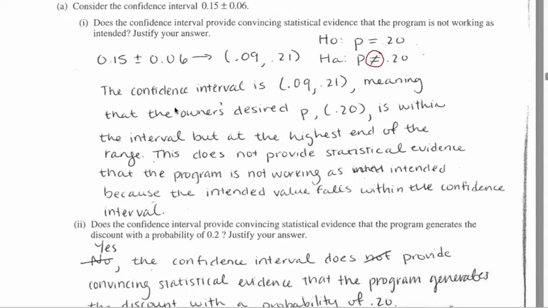So if we keep reading, they say the confidence interval is 0.09 to 0.21. They noted that P, which is 0.2, the hypothesized P, the goal, is within the interval. And then they say something about, but it's at the highest end of the range.